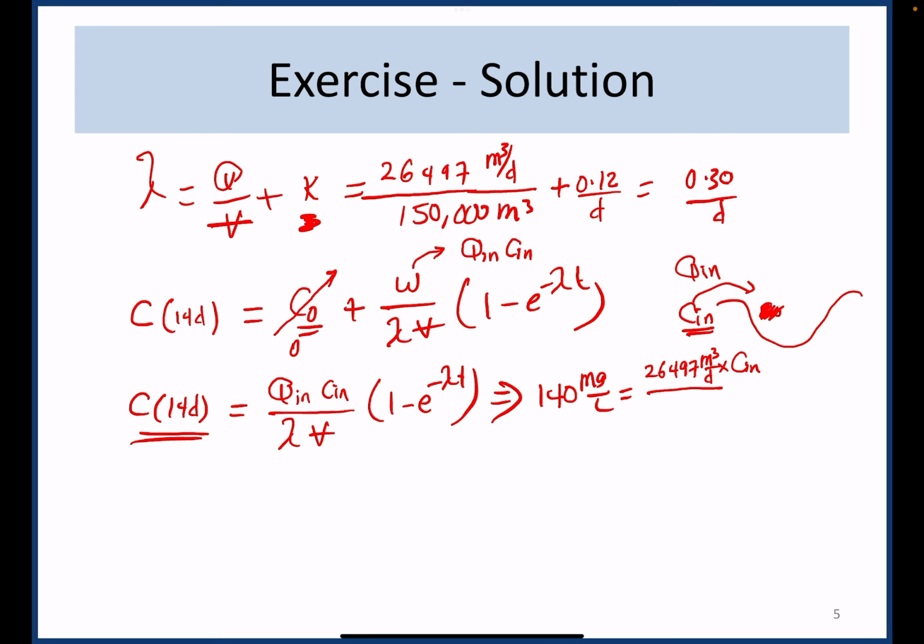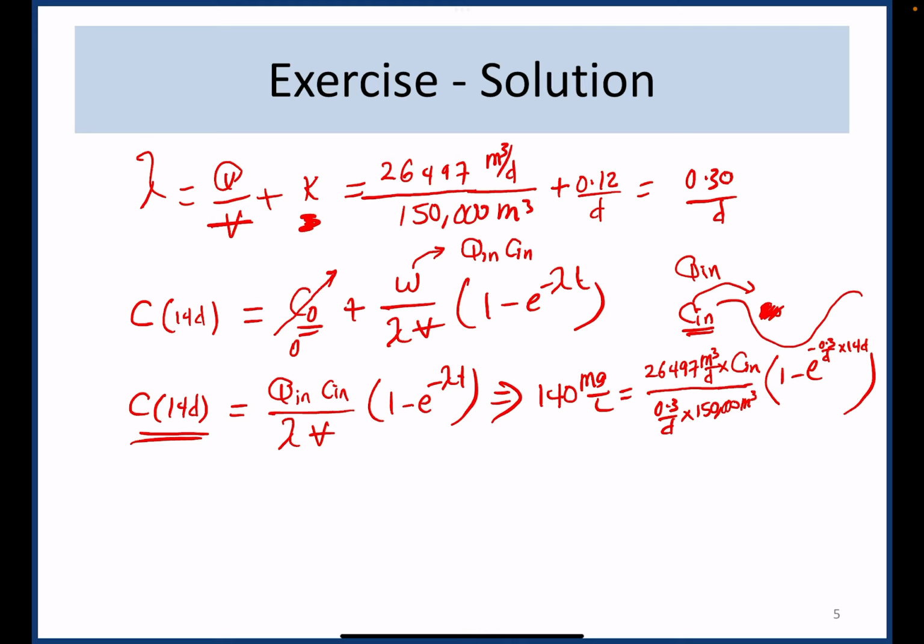Okay, Cn is needed, and this is divided by lambda, which we found here to be 0.3 per day, times the volume. Volume is 150,000 meter cube, and this is 1 minus e to the power minus lambda, 0.3, times t, and t is 14 days.